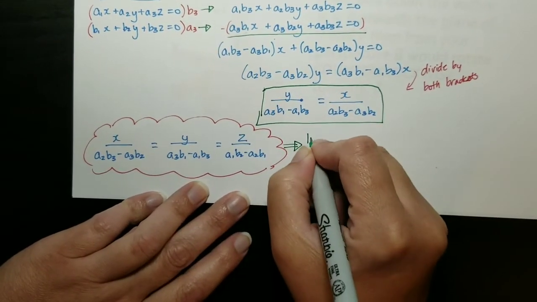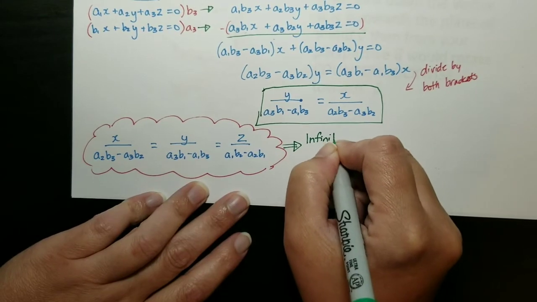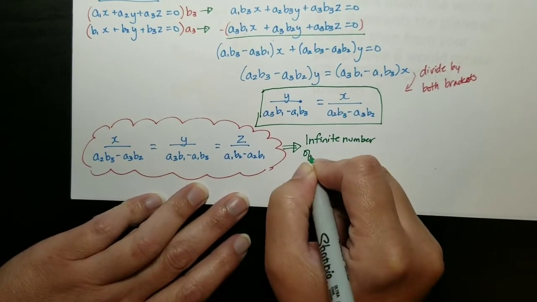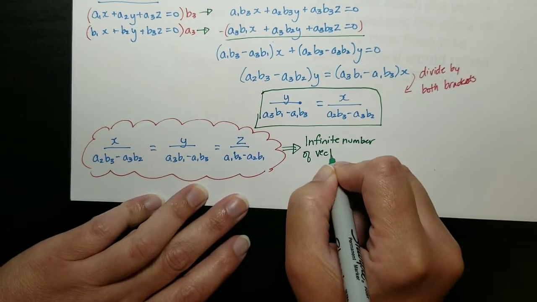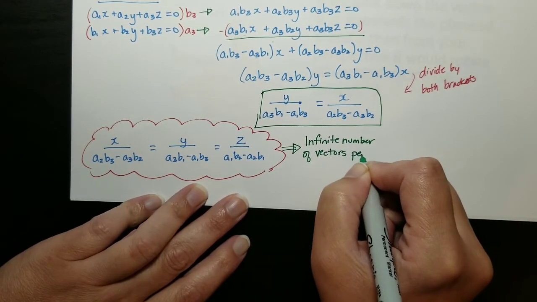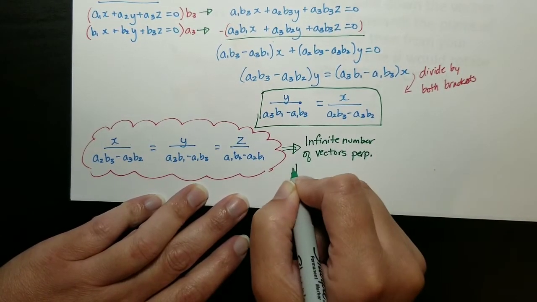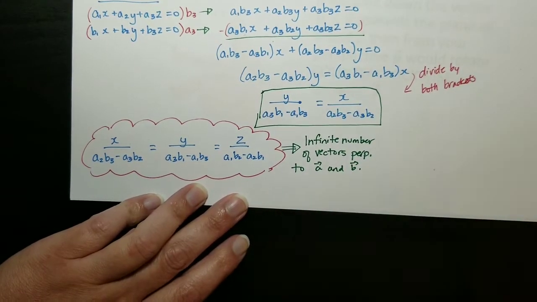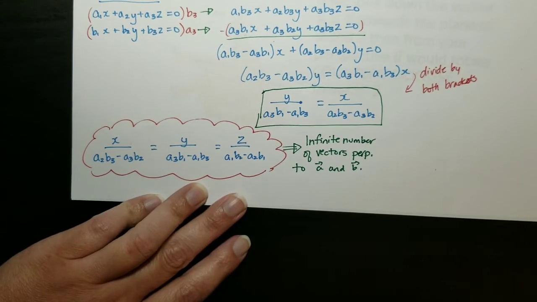So there's an infinite number of vectors perpendicular to A and B. We just need to pick one.